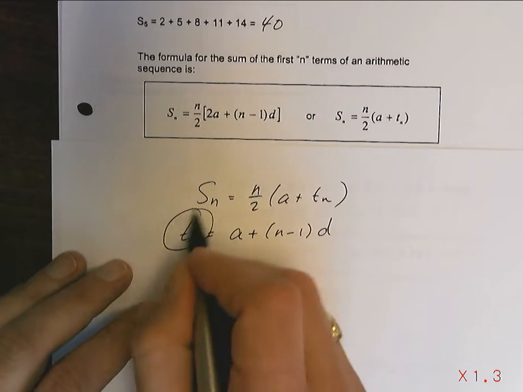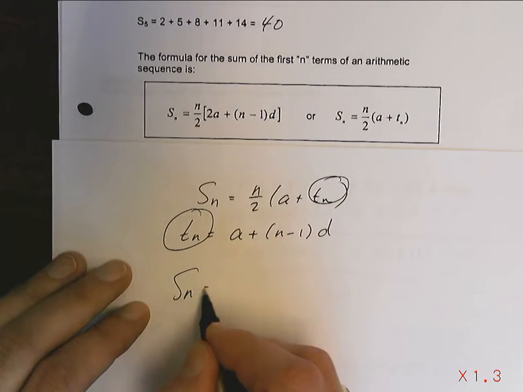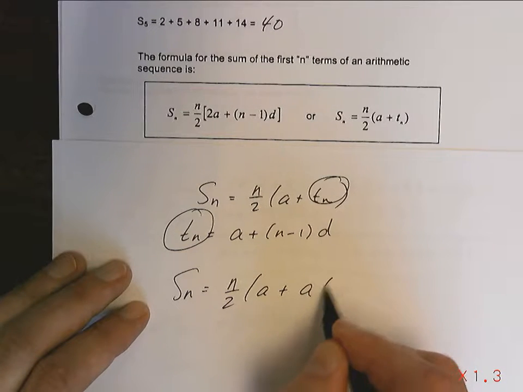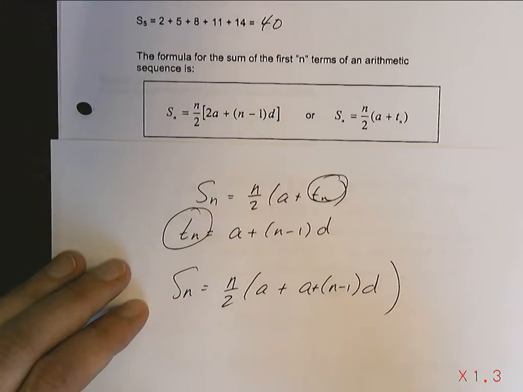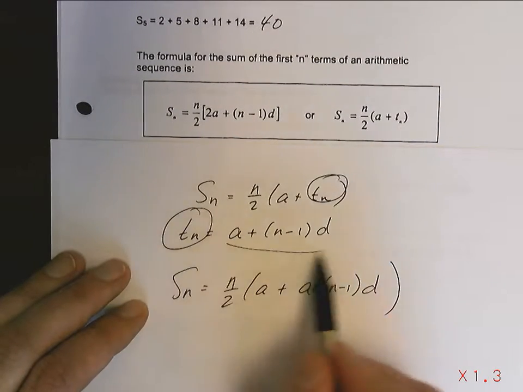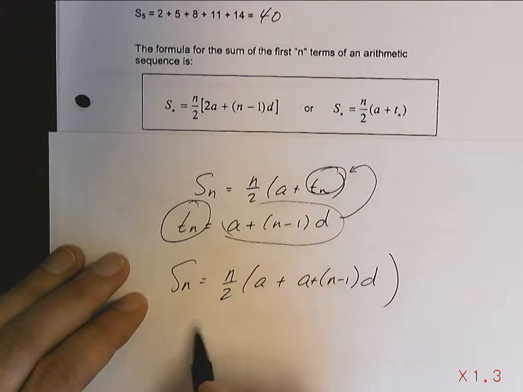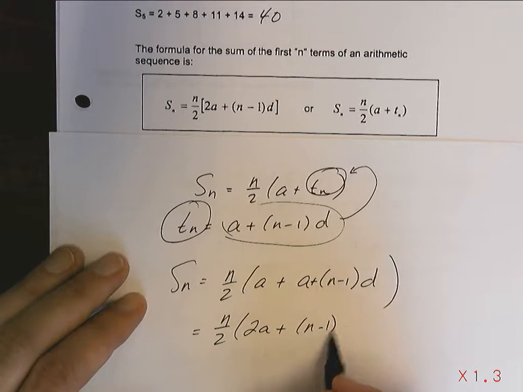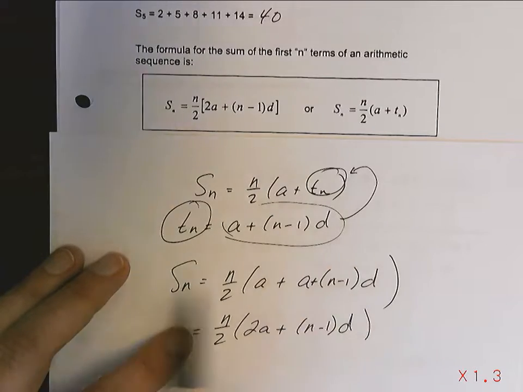So if I take this and plug it in for that t sub n, I get S sub n equals n over 2 times the quantity a plus a plus n minus 1 d. So this part got plugged in for the t sub n. Collect like terms: a plus a is 2a, plus n minus 1 d, which is just another way of having the exact same formula.